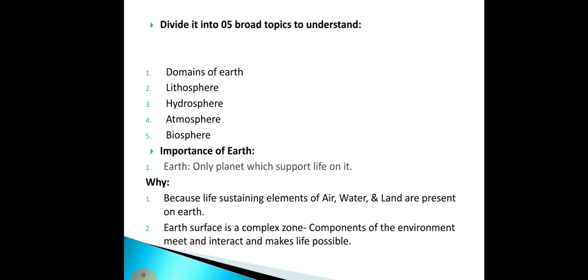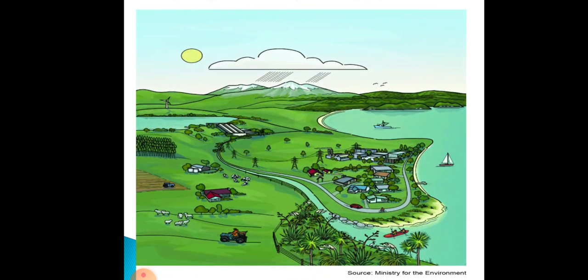As we know, earth is a very complex zone where plants, animals, organisms in the environment meet and interact, and which makes life possible on the earth. You can see this picture.